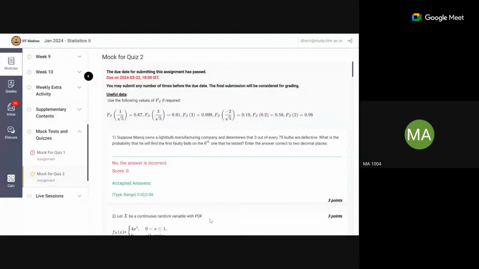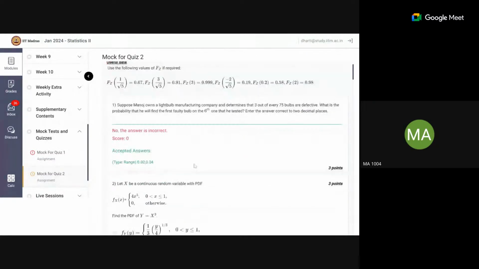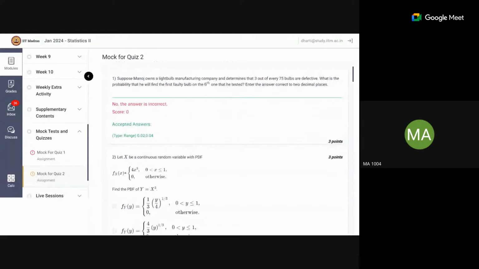So here is the first question. Suppose Manoj owns a light bulb manufacturing company and determines that 3 out of every 75 bulbs are defective. What is the probability that he will find the first faulty bulb on the sixth one that he tested? How to start with this one?